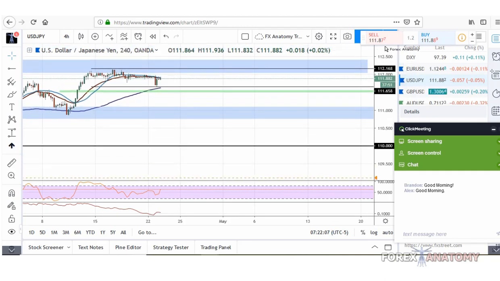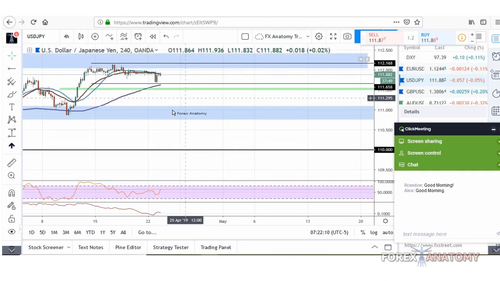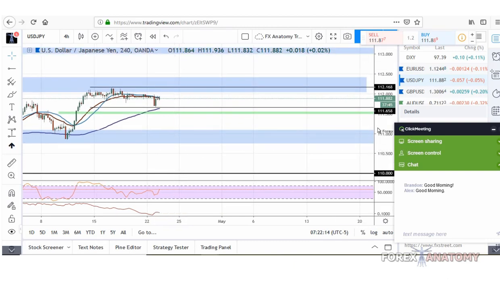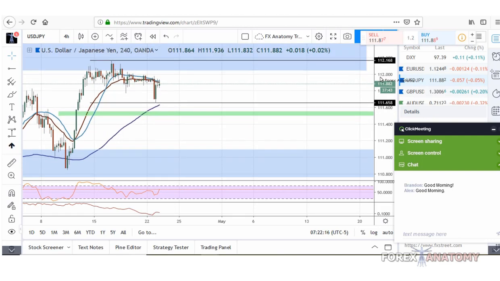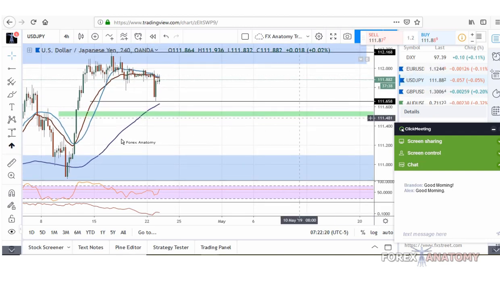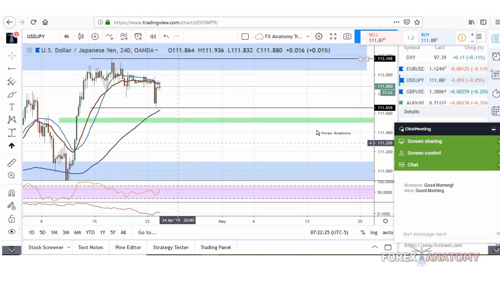It's still limited in its price action, and we may see that continue until after tomorrow's Bank of Japan monetary policy statement.